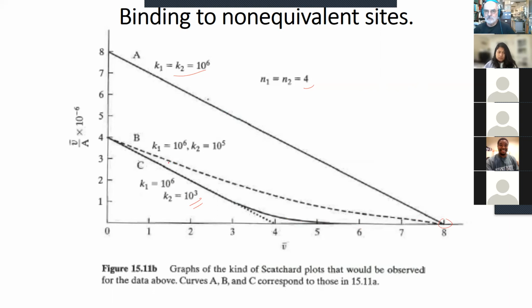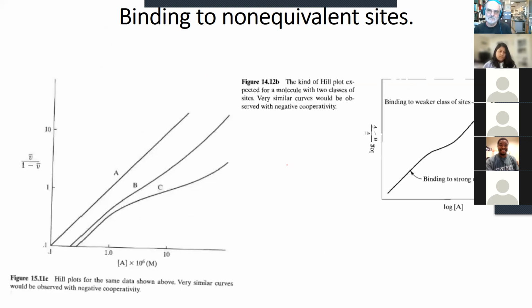The slopes still give you the K in principle, but you basically have to peel it apart a little bit because the slope is complicated. It's the slope of the high affinity and the low affinity, and you have to sort of peel them apart. You have to basically have 2 different curves that sum to this curve. And so it makes the analysis really complicated. This is why I say we generally don't do stuff this way any longer. We basically do it by computer analysis.